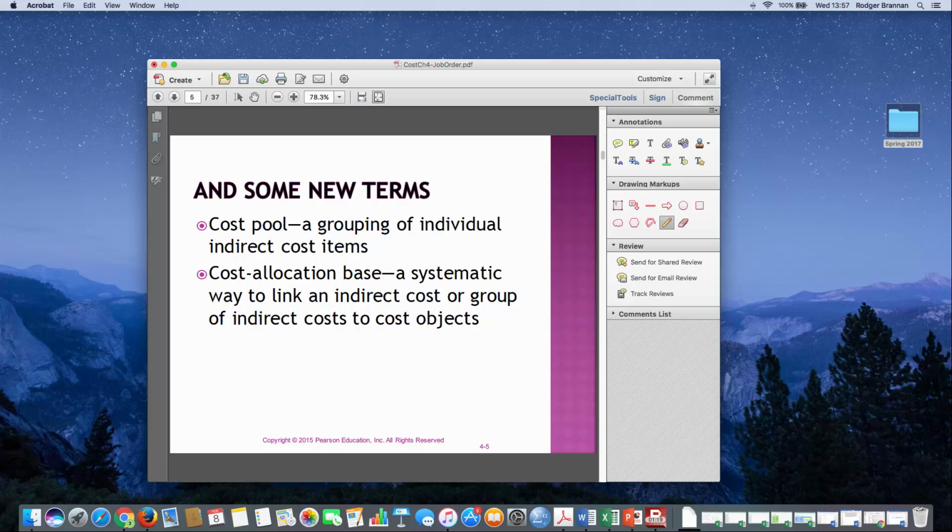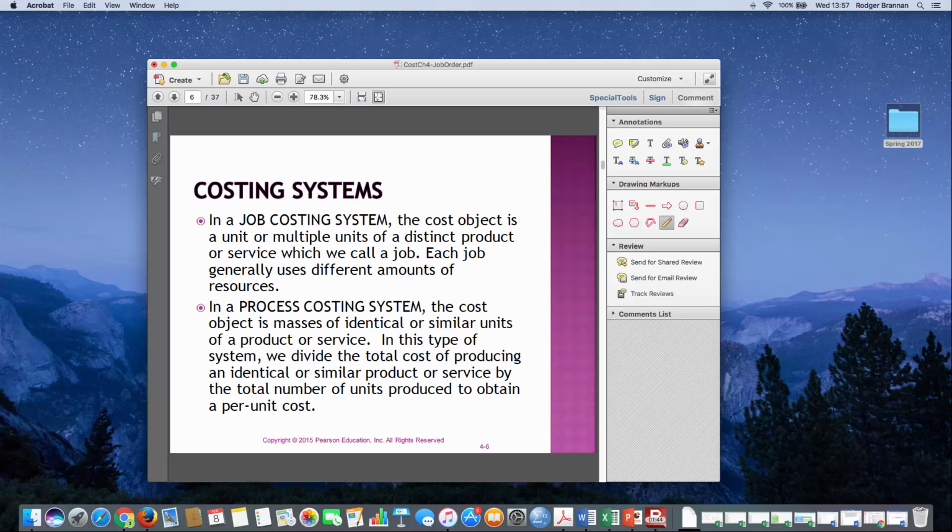We can put these 100 together, we can put these 300 together, and more importantly, we can associate it with a particular driver or a particular activity. So a cost pool is simply a way of grouping some of your indirect costs so that you can then divide it by some sort of activity to allocate it to the cost object.